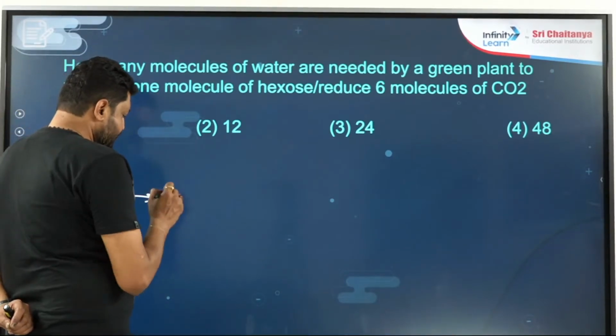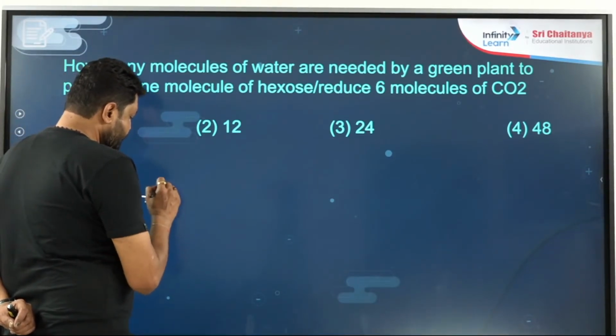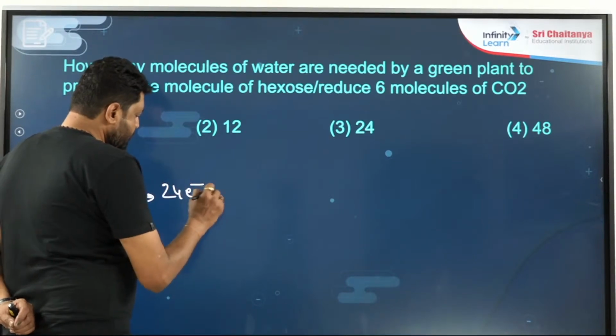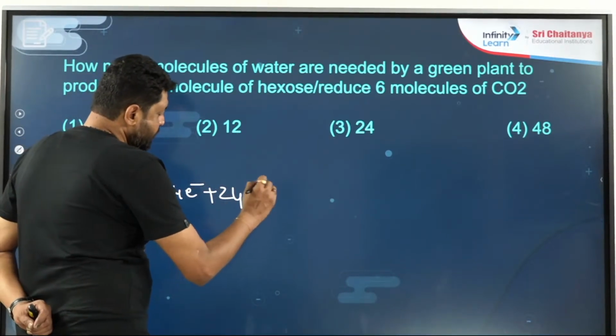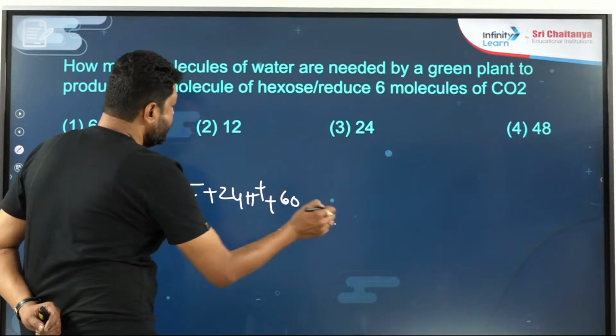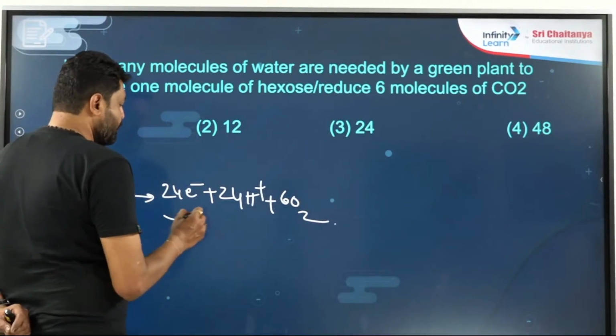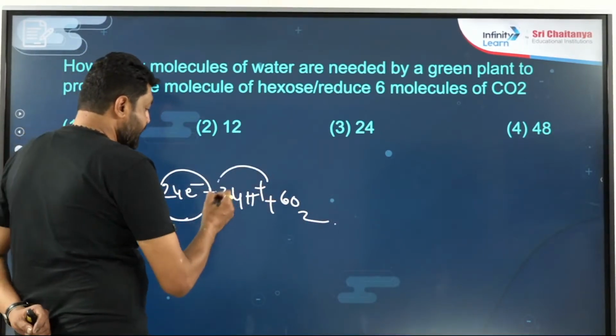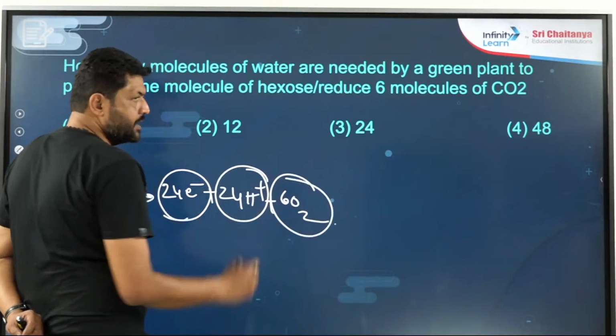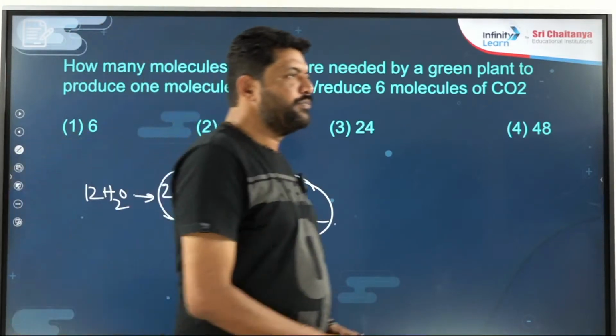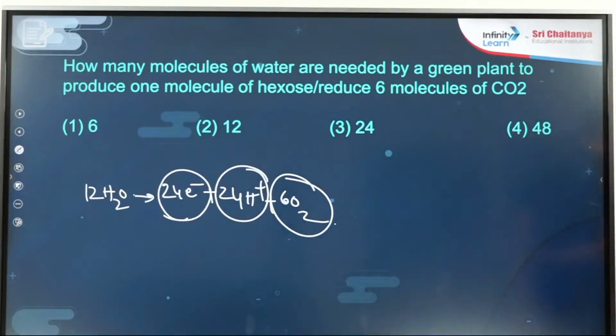Each water gives 2 electrons. So 12 water, 24 electrons plus 24 protons plus 6 O2 will be liberated. So this is one question, this is another question, this is another question.